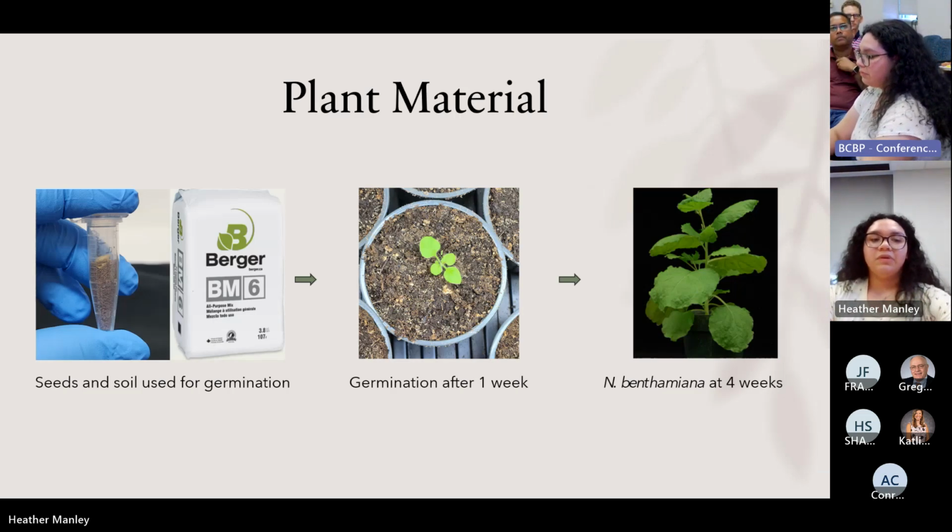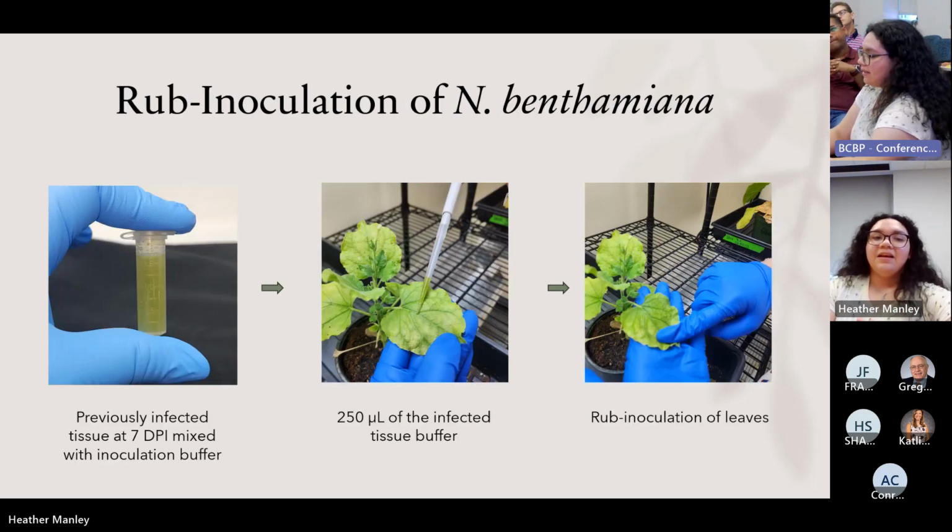Here we had my seeds and the soil that we used, and then we planted them and watered them. This is the germination after 1 week, and at 4 weeks is when I started the infection. From there we rub inoculated the leaves.